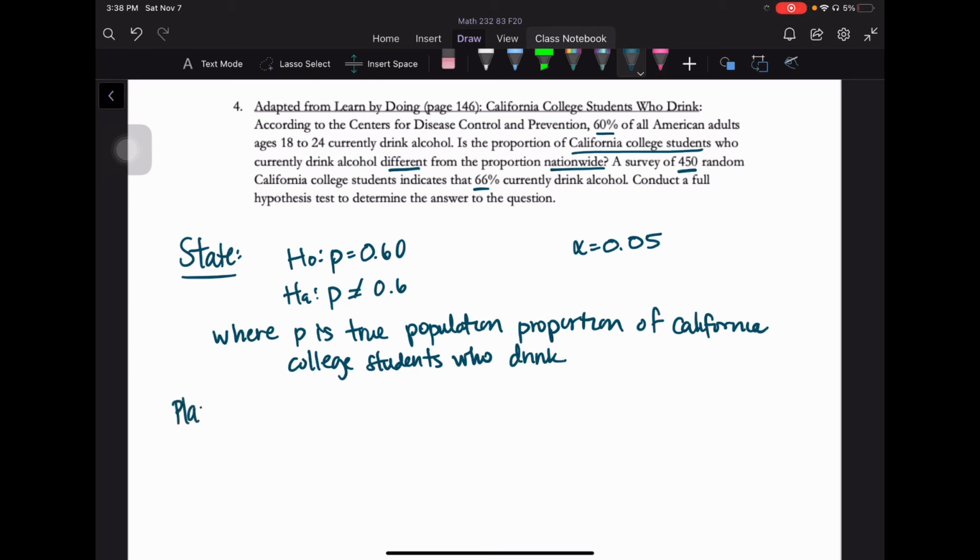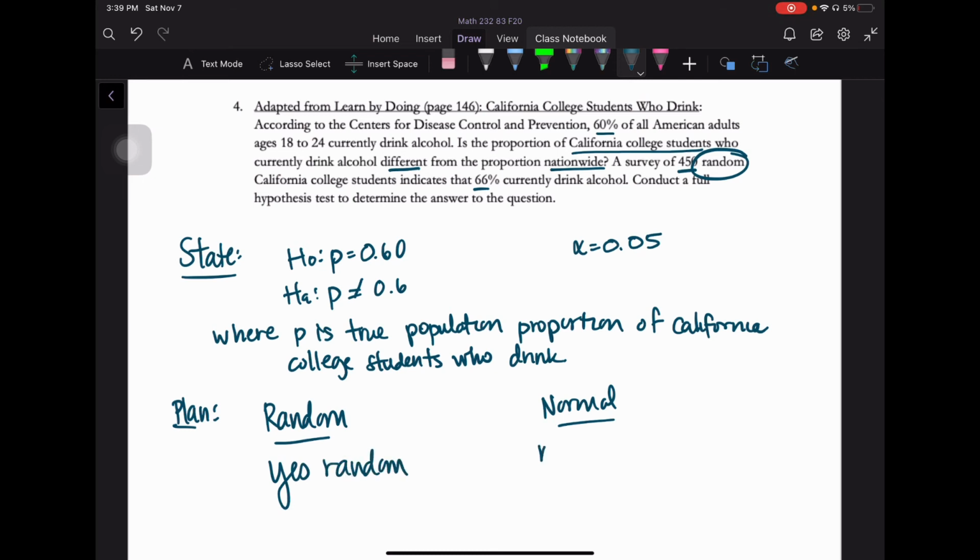In our plan, we want to check conditions. We want to check random and we want to check normal, and I think you should check independent, but the book doesn't talk about this. Independent is checked by calculating whether your sample size is less than 10% of your population. Now, we had a random sample, yes, random, as stated.